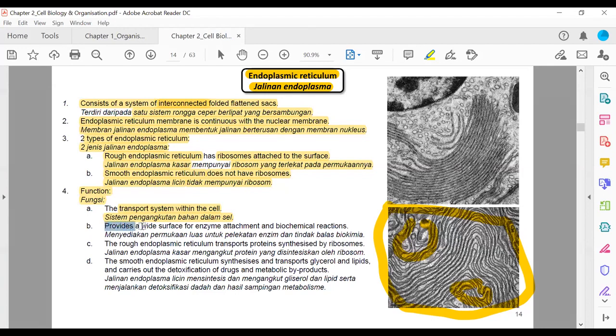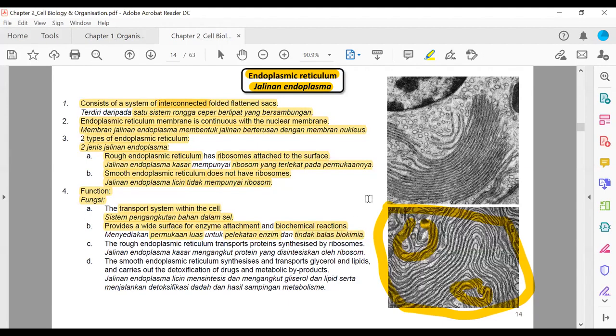B, provides a wide surface for enzyme attachment and biochemical reaction. Menyediakan permukaan luas untuk pelekatan enzim dan tindak balas biokimia.